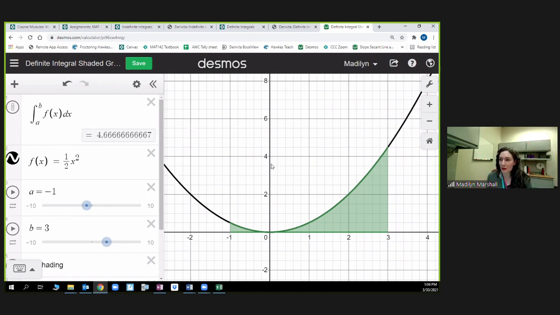But that is going to be when we start looking at the areas with more than one curve together, the area between two curves rather than just the area between the curve and the x-axis. This area is often not specifically area, but it'll represent something else. It's area on a graph that we're looking at, but it can be extrapolated to represent something else in applications, which we will get into.